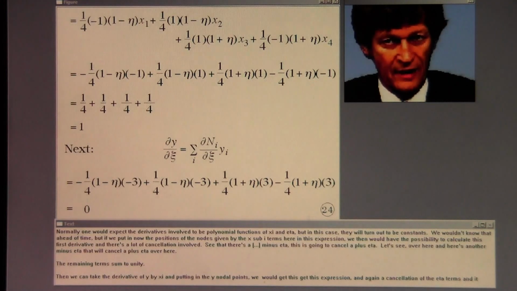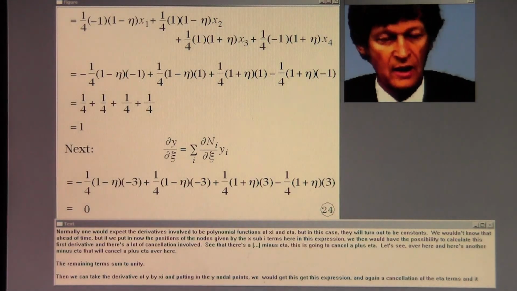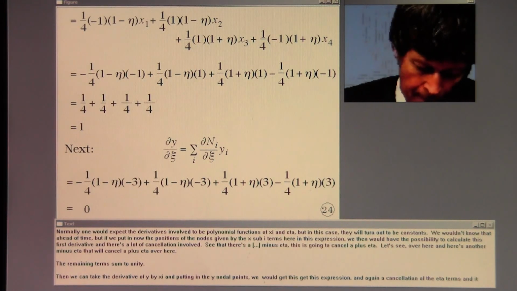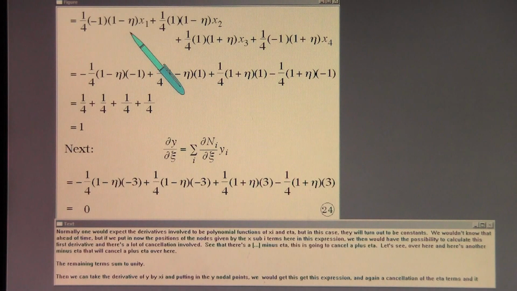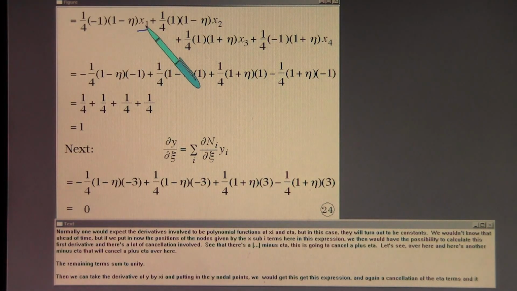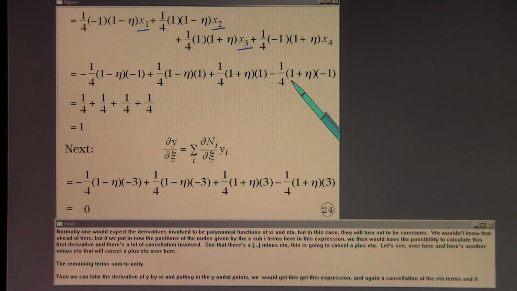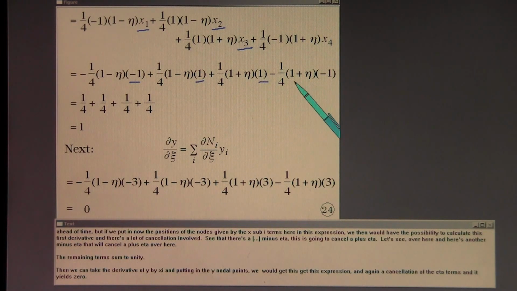Normally one would expect the derivatives involved to be polynomial functions of c and eta, but in this case they will turn out to be constants. We wouldn't know that ahead of time, but if we put in now the positions of the nodes given by the x sub I terms here in this expression, we then would have the possibility to calculate this first derivative, and there's a lot of cancellation involved.